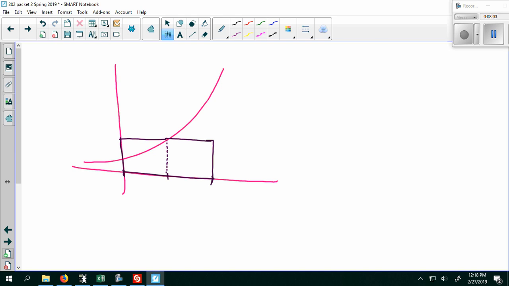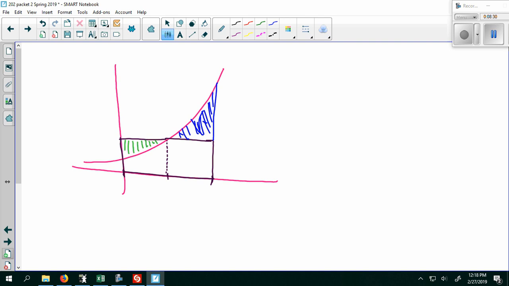So now I want to know, is this an overestimate or an underestimate? So this bit is above the curve, and then I've got this bit that's below the curve. And it looks like I have more blue stuff than green stuff. So in sum, the area of this rectangle is less than the area under the curve.